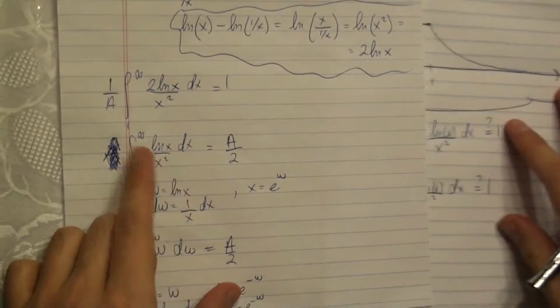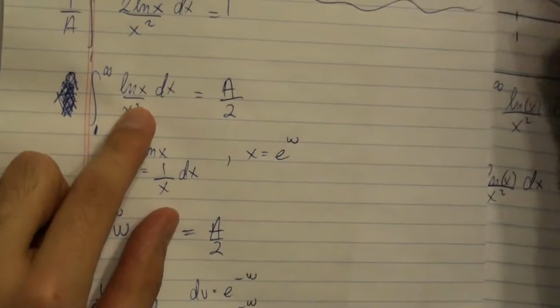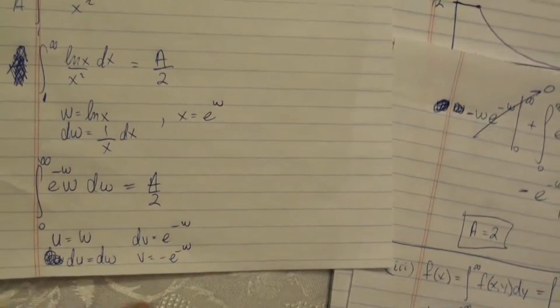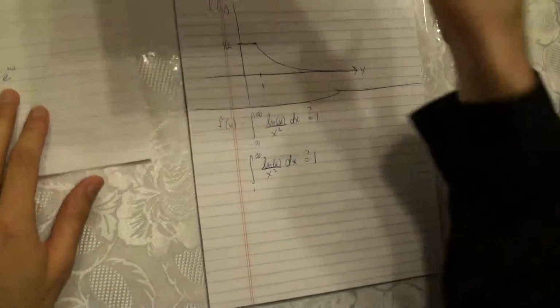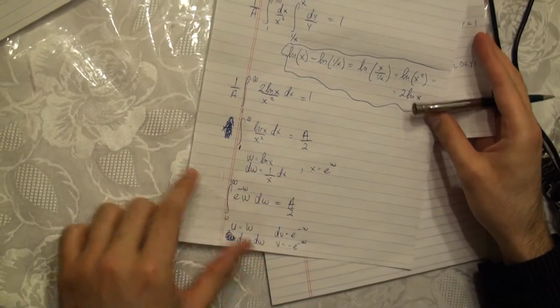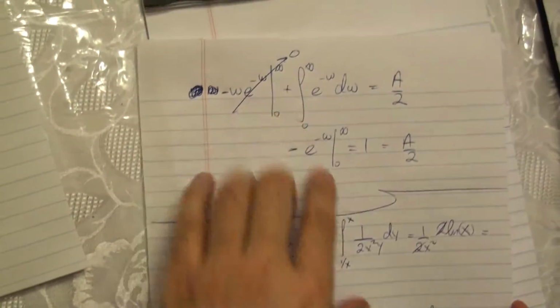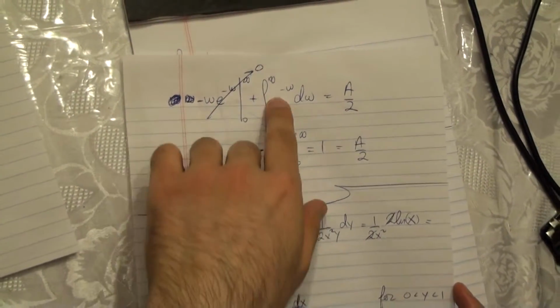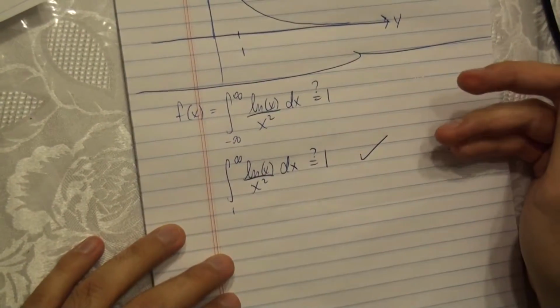If we follow the work here through the substitution, the integral goes to 1. Actually, I don't have to do it again because it's right here. We go from 1 to infinity. This guy goes to 0, and then we're just left with this, and this guy goes to 1. So we know that this is true.